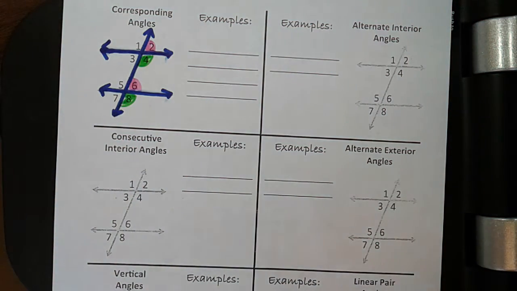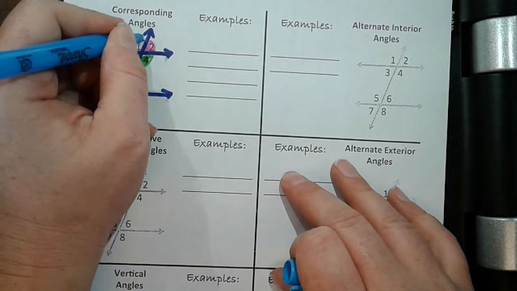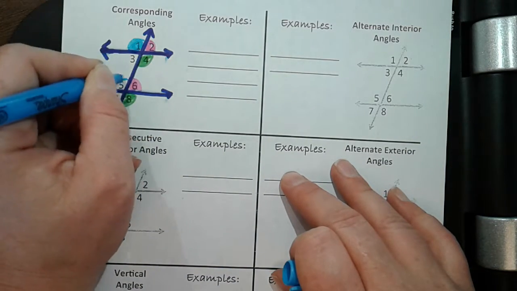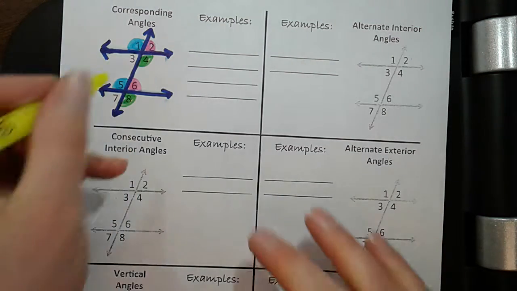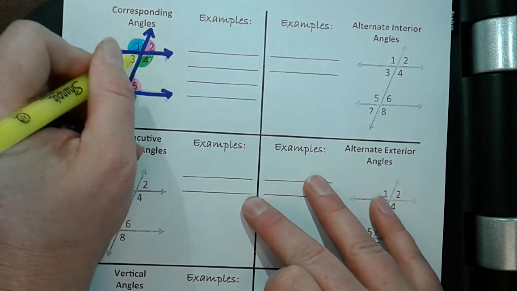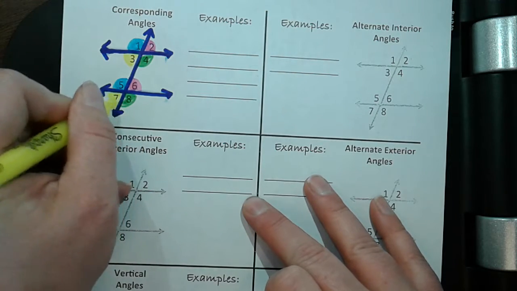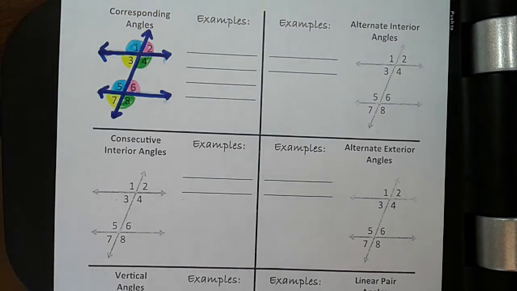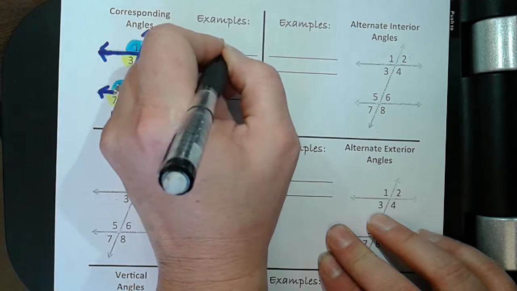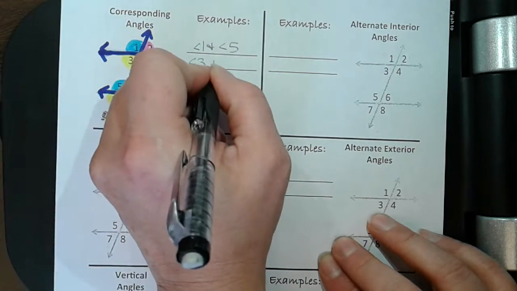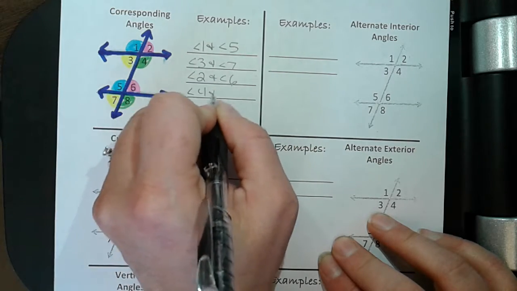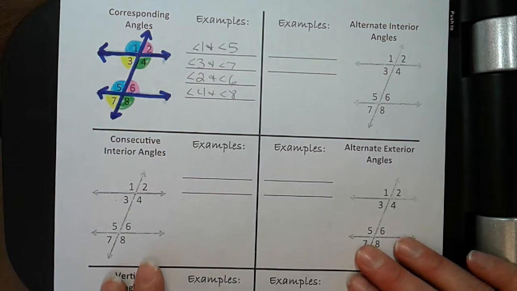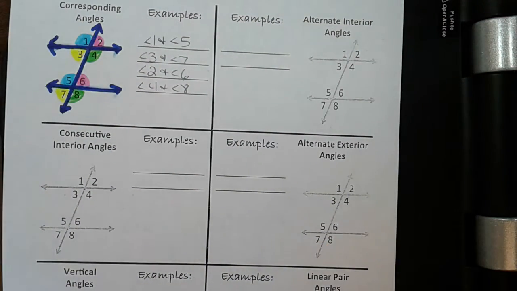And you're going to see the same thing on the other side of the transversal. 1 and 5 are corresponding angles, and 3 and 7 are corresponding angles. So all of these are different corresponding angles to each other. So some examples are angle 1 and angle 5, angle 3 and angle 7, angle 2 and angle 6, and angle 4 and angle 8. Those are corresponding angles.